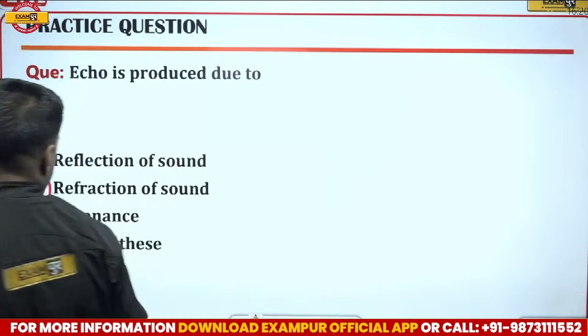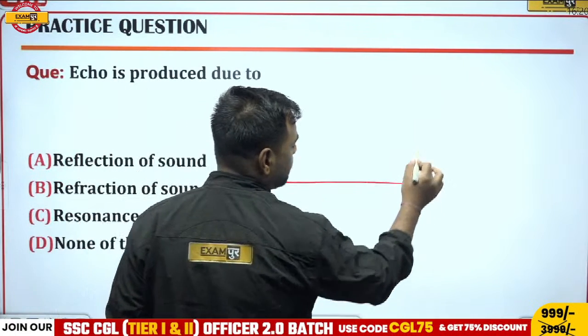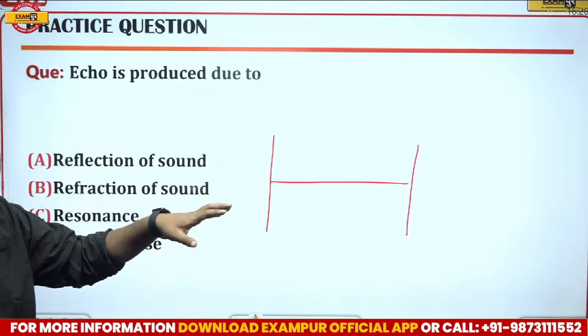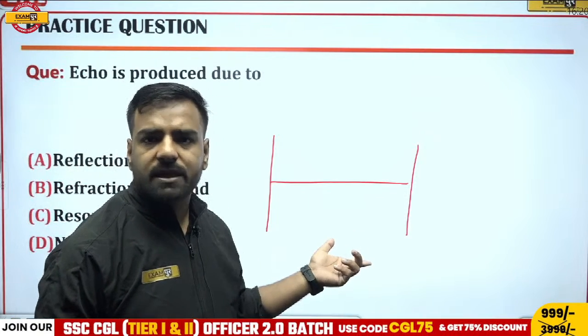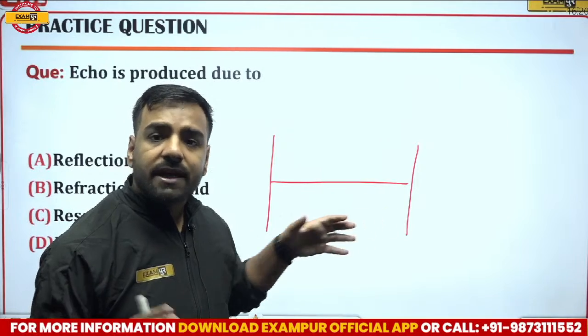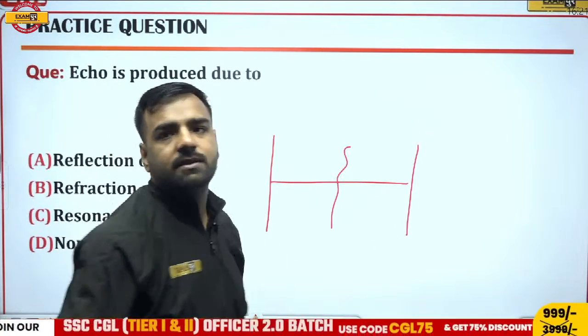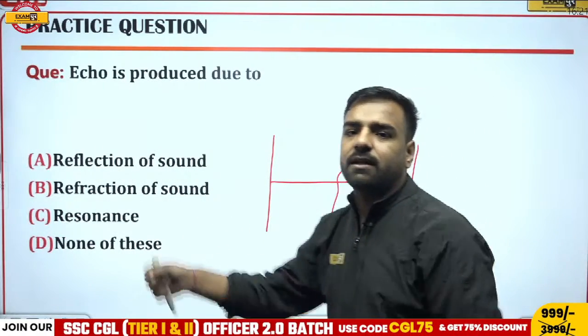I can give the example of a bridge, where soldiers are marching over it. Soldiers are asked to break their steps at the bridge. Why? Because if their frequency matches with the natural frequency of the bridge, it will start vibrating in such a manner that the bridge may collapse. That's why they are not allowed to move in the same step, right?